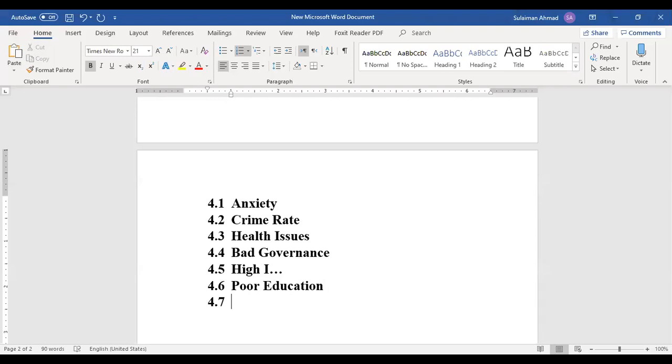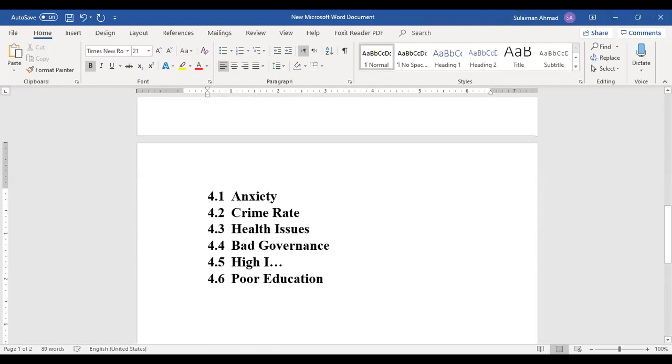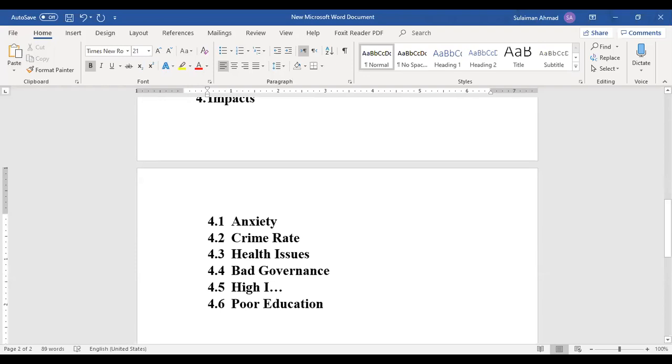There can be multiple impacts of unemployment. Fine. Let's move to the solutions. What are the possible solutions? Provision of job opportunities.